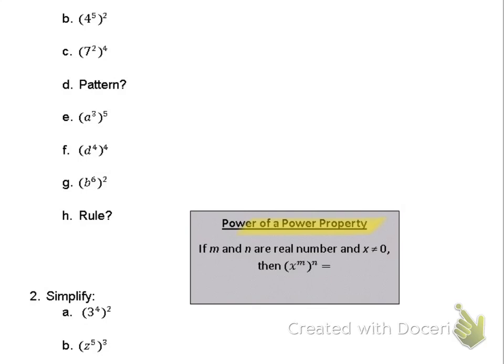So if you write in your box, fill in there, if we have x to the m power, in parentheses, to the n power, that would equal x to the mn power. So you multiply the exponents there.